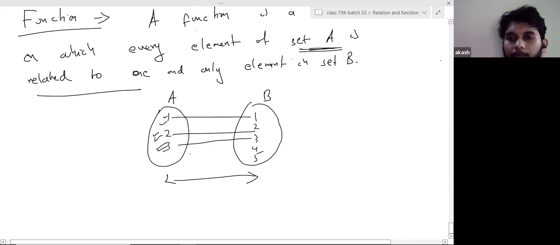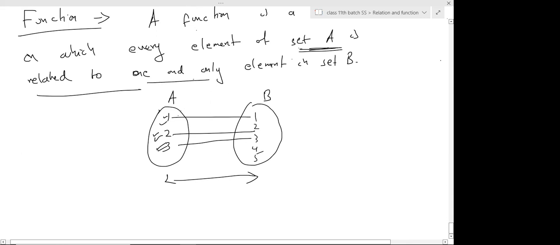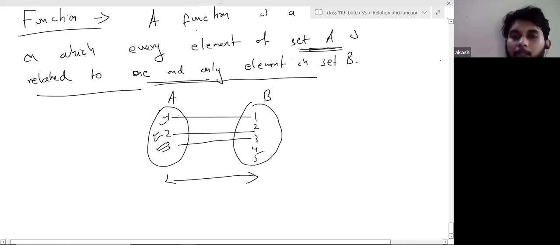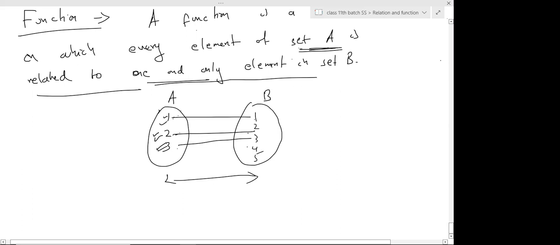One and only element of set B. That means 1 should be related to only one element of set B. 2 should be related to only one element of set B. Same for 3. Is it clear? So we have two conditions.